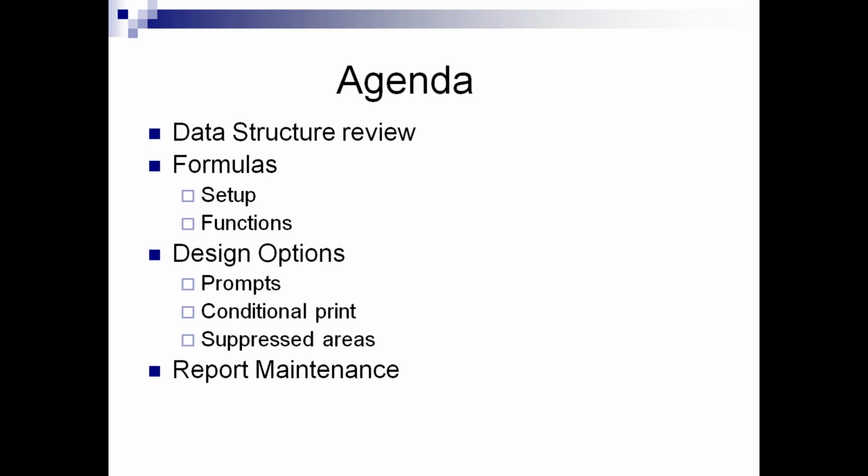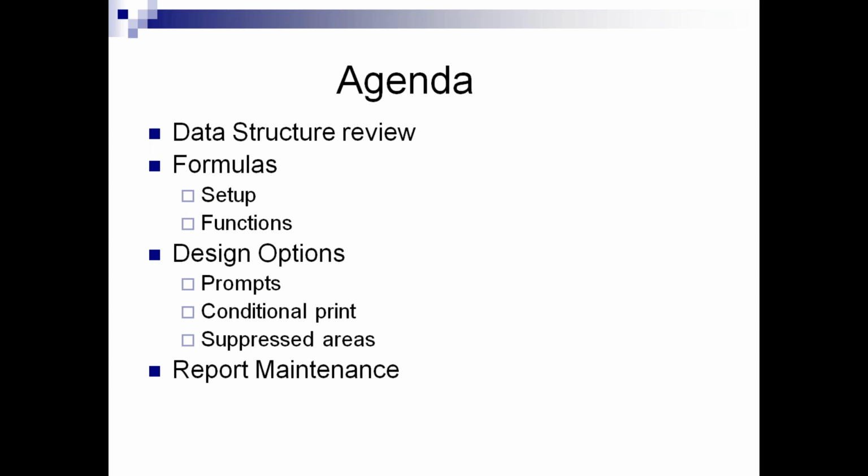Once we do that, we're going to talk some about formulas. I'm going to demonstrate the setup of a basic formula, and then we'll come back out to the PowerPoint and we're going to be talking about functions, some of the common functions that will be part of your formula setup.